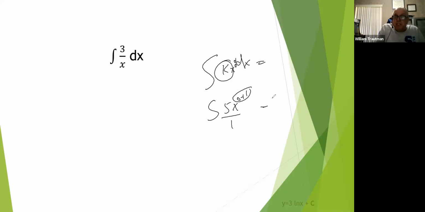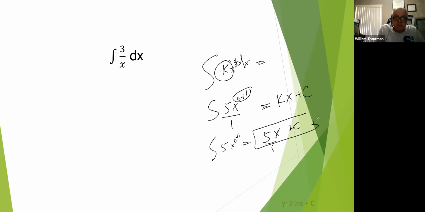So any constant is a constant times x when you integrate it, plus c. Don't forget about that plus c. So if we were integrating 5, the answer would be 5x plus c, because it's x to the 0, add 1, and then you put the 1 on the bottom. That's the first common integral.